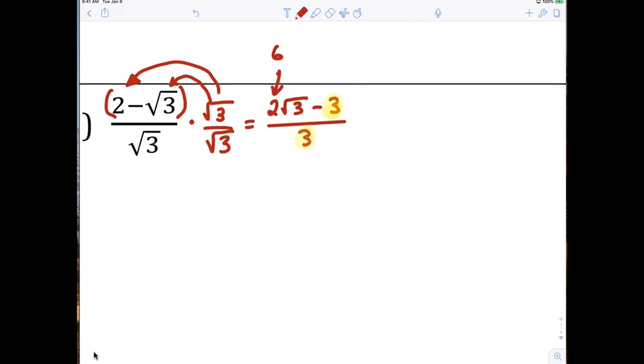And again, I always try to tell kids how I figured this out. If I said 4 minus 2 over 2, can I just cross out the 2's? No, because that would be 4 minus 1, which is 3. But 4 minus 2 is 2, and 2 divided by 2 is 1. So it's not the same. Does everybody agree? If I'm going to divide, I have to divide both of them.